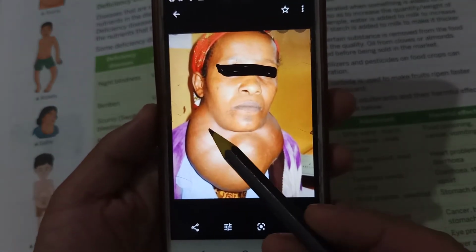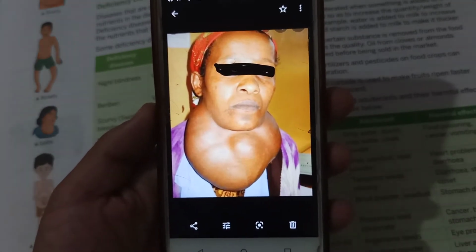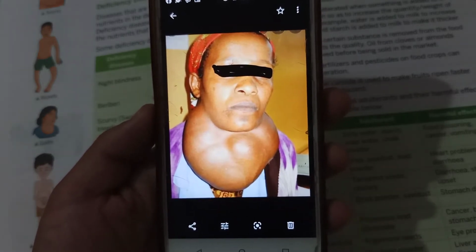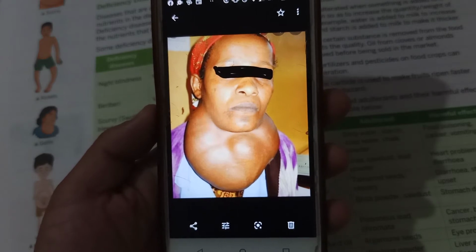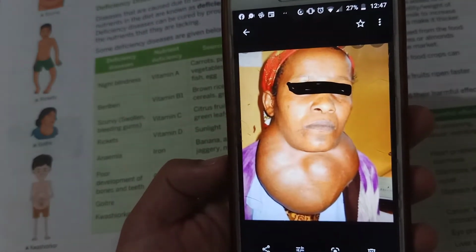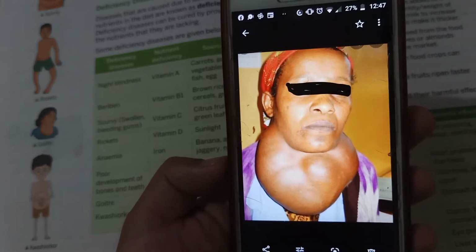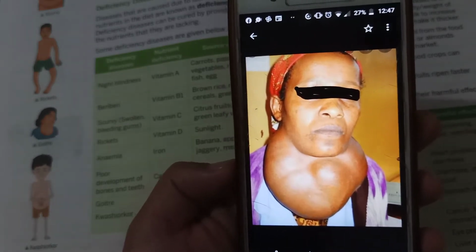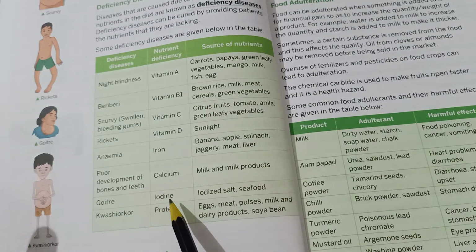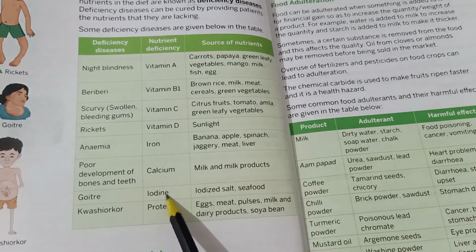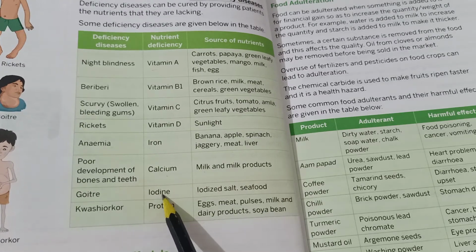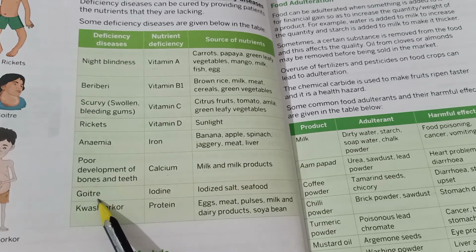This swollen thyroid gland causes a lump in front of our neck. So any person who suffers from goiter will have a swollen neck due to the swollen thyroid gland. This disease is due to lack of iodine, which is again another mineral. So lack of iodine causes goiter.